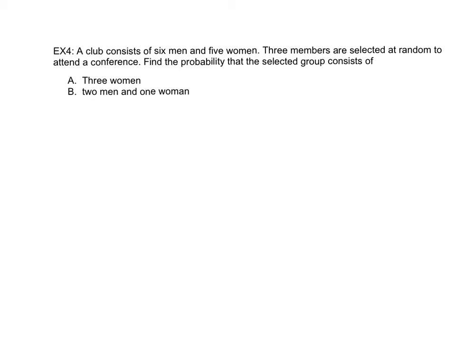Okay, so there's a couple things going on here. In this club, there's 6 men and there's 5 women. So there's these two groups. We have a total of 11 people in this club. And we're choosing 3 from the 11 to attend a conference. Since we're trying to find a probability, we have a fraction.